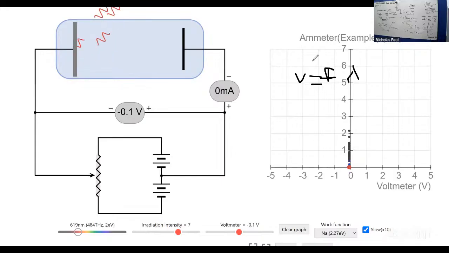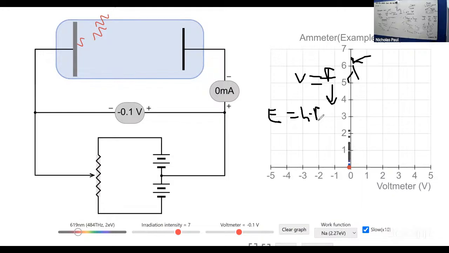So if the wavelength becomes larger, what will happen to the frequency? Frequency drops. But if the frequency drops, then the energy of the radiation is too small. So what does that mean? If the energy is too small, will electrons leave? No electrons leave. That is why that happened there. And also, as you were saying earlier, E is equal to hf.